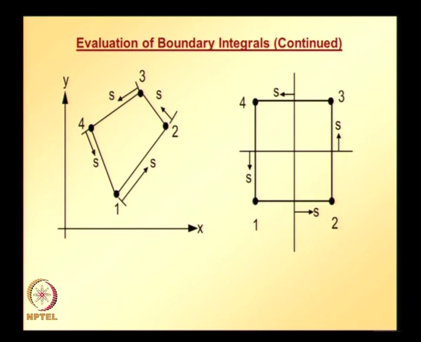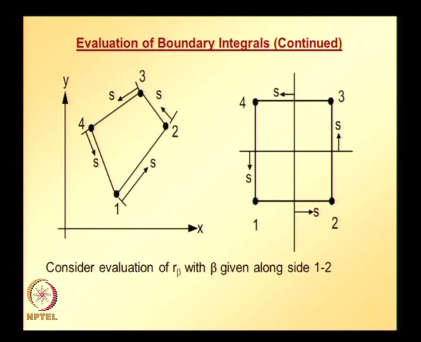So we need to evaluate R beta, with beta given along side 1 2. Assume that the beta value is given. We need to evaluate R beta along each of these boundaries.